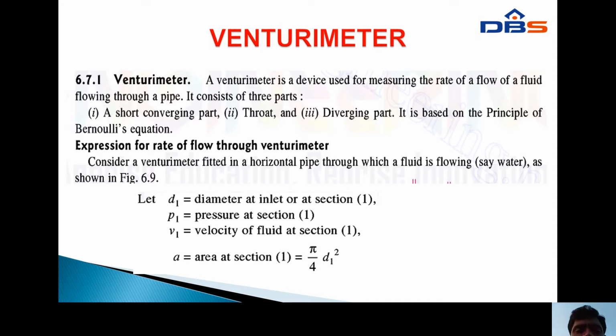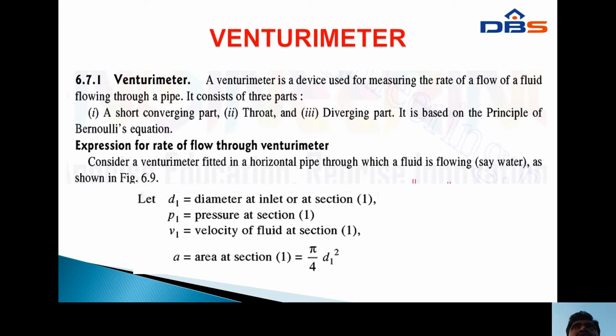The expression for the rate of flow of a Venturi meter. Consider a Venturi meter fitted into a horizontal pipe through which a fluid is flowing, as shown in the figure. A Venturi meter can be connected to horizontal pipes and inclined pipes.